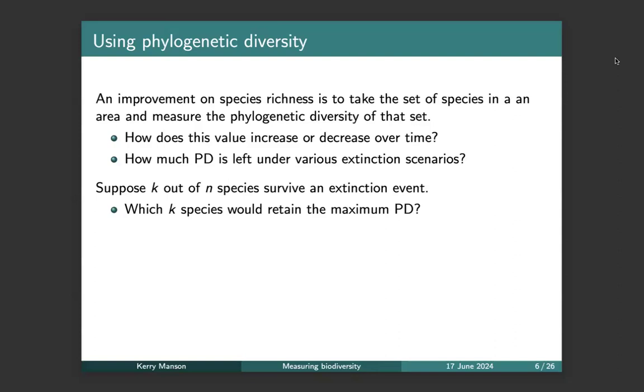And we can ask which K species would we select if we wanted to retain the maximum PD. So you might think of this as which species we want to give conservation attention and funding towards, because they represent quite a diverse breadth of the variety of life in a particular area or country.